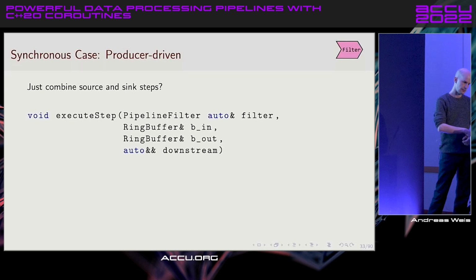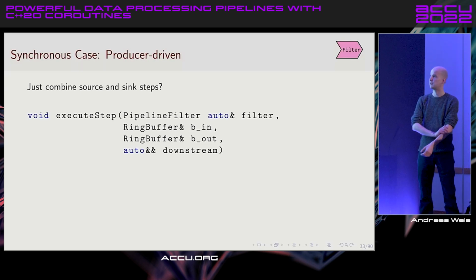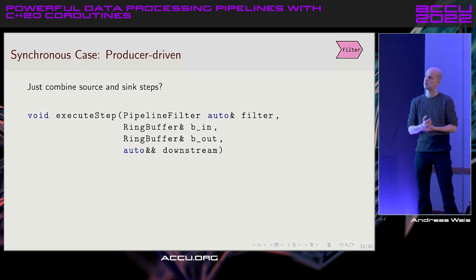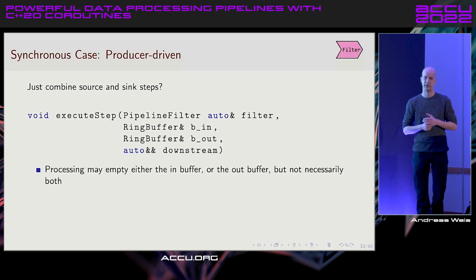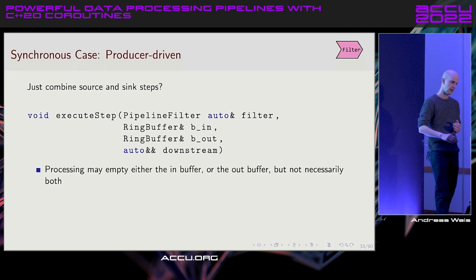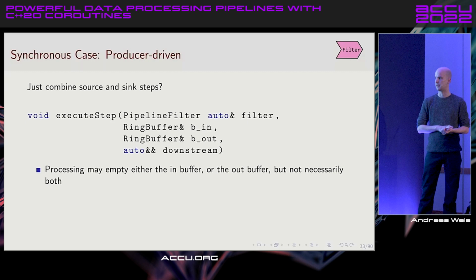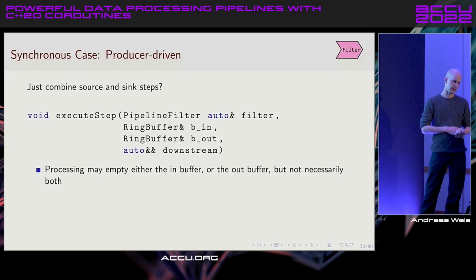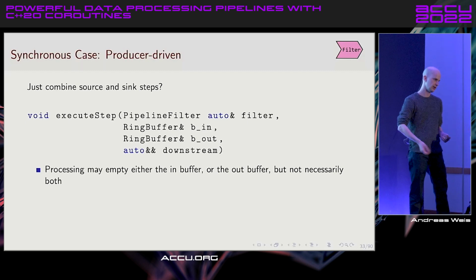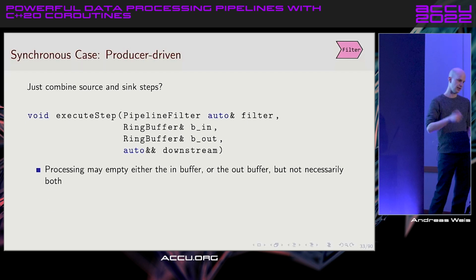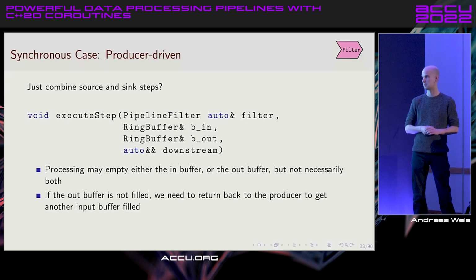So the only thing that's missing is the filter. So this filter should just be a combination of source and sink, right? Unfortunately, it's a bit more complicated than you might like it to be. The problem here is that processing the filter may either empty the in buffer or the out buffer, but not necessarily both.